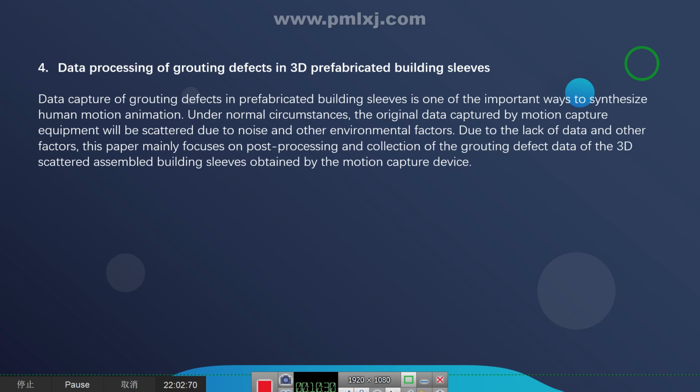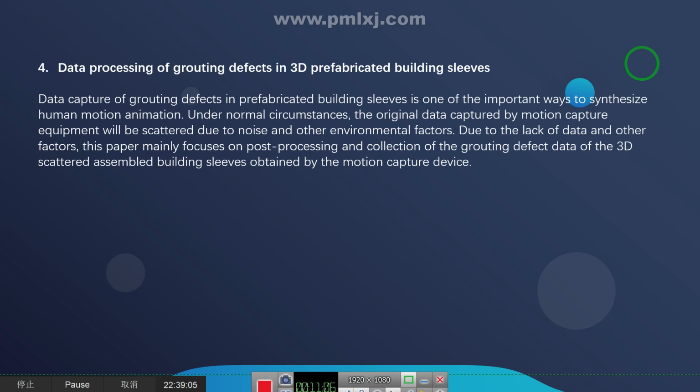4. Data processing of grouting defects in 3D prefabricated building sleeves. Data capture of grouting defects in prefabricated building sleeves is one of the important ways to synthesize human motion animation under normal circumstances.